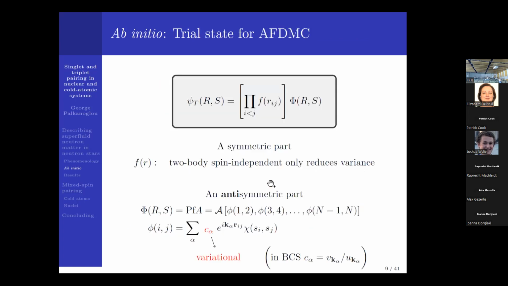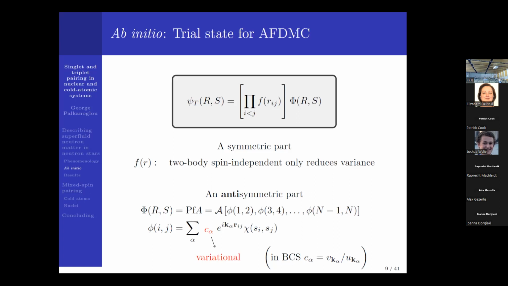This first term here is just a symmetric part, which is there to reduce the variance of the calculation. These are all stochastic calculations, so the lower the variance, the more efficient the calculation. But the main physics is in the anti-symmetric part, which is a Pfaffian, essentially just a coordinate space representation of the BCS wave function.